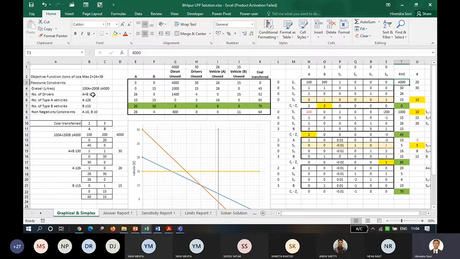So coefficient of A is 1, coefficient of B is 1, S1 is not there, इसके लिए is 0, S2 is there, so this is 1, 0, 0, and your total number of drivers available is 30. फिर type A vehicles, A less than or equal to 26, सो ये 1 हो गया, बाकी सब 0, बट इन दैट केस यू हैव S3 एज अ स्लैक वेरिएबल, सो फॉर दैट यू विल गेट 1. सिमिलरली फॉर S4, वो यहाँ पर 1 आएगा, बाकी सब 0 एंड S4 विल बी 1 एंड दिस इज योर RHS वैल्यू विच इज 15.